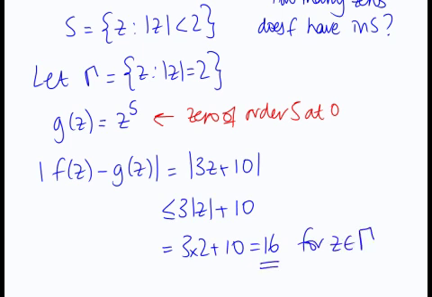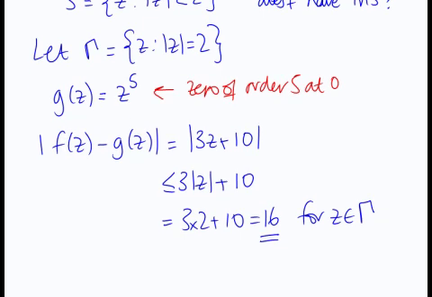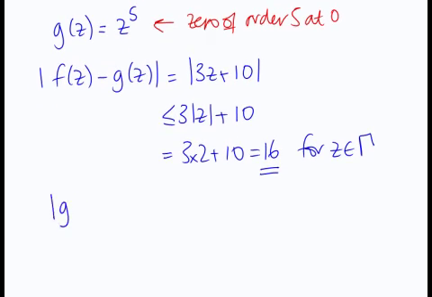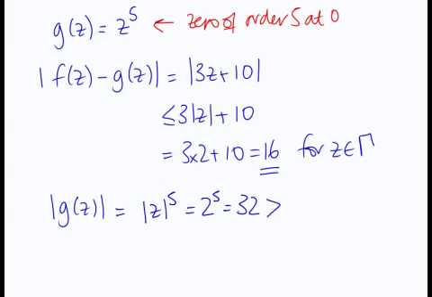So that's my left-hand side of the inequality, and that has to be strictly less than the magnitude of g of z. And that is going to be true because what I've got here is 32, which is strictly greater than 16.